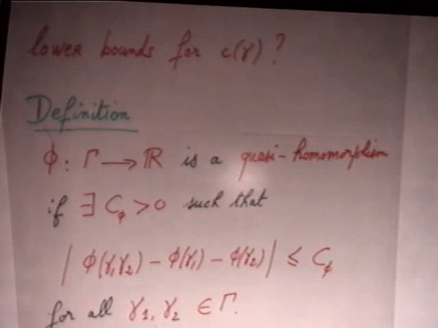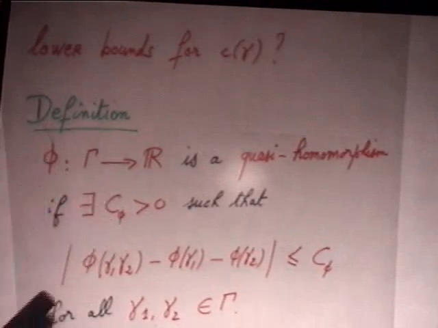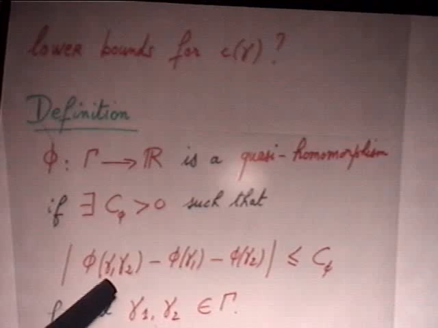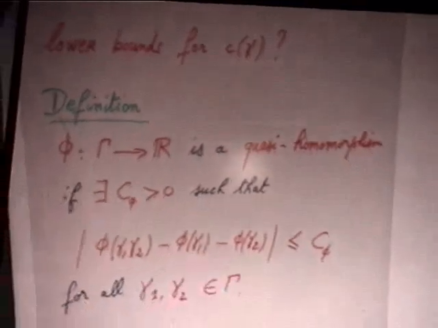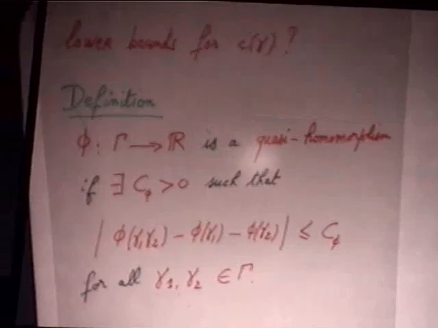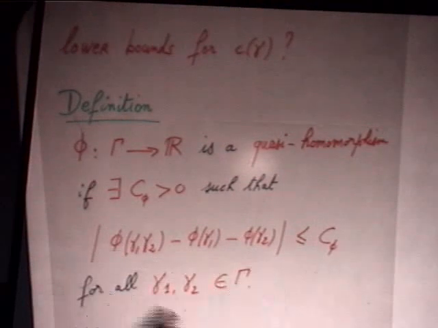So this means that there is a constant C, depending on phi, such that when you evaluate phi of gamma 1 gamma 2, minus phi of gamma 1, minus phi of gamma 2, which would be 0 if it were a homomorphism, this quantity is uniformly bounded by a constant C independent of gamma 1 and gamma 2.